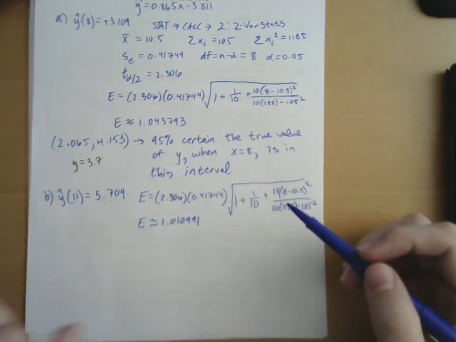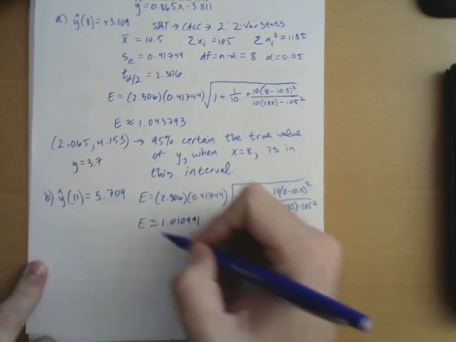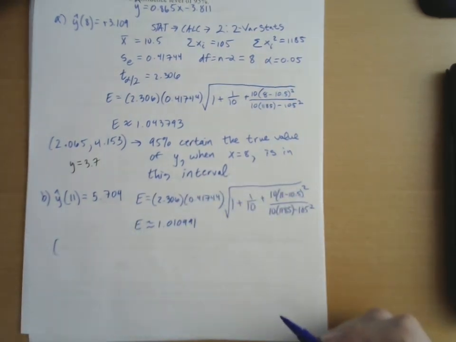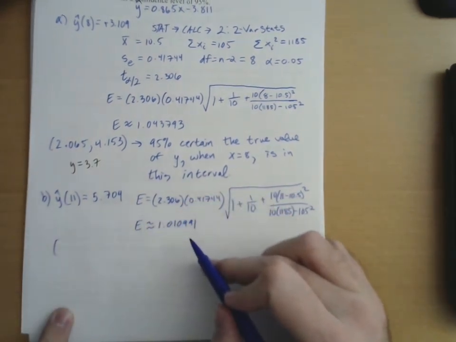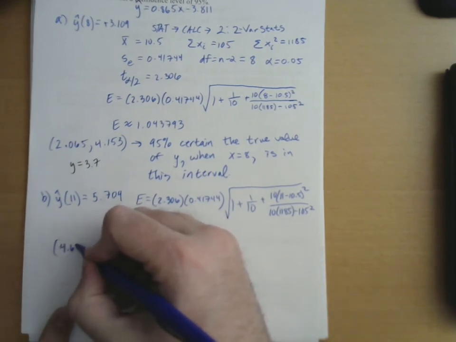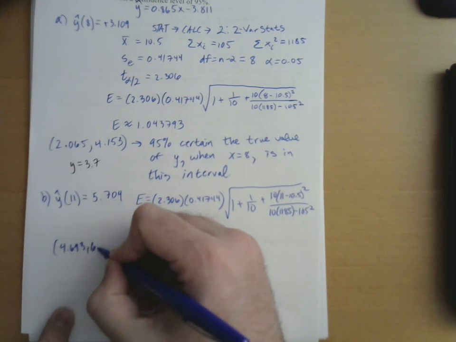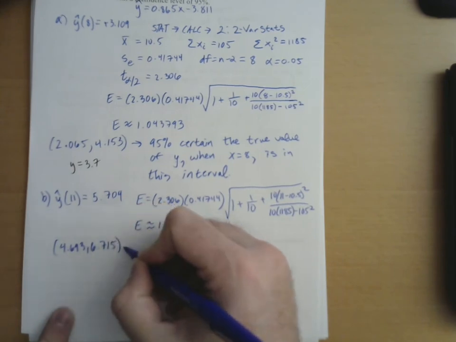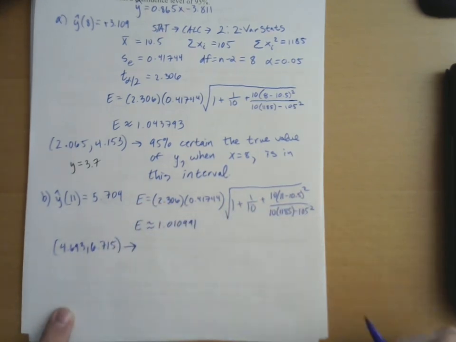And we'll double check that. So our interval then, coming off of 5.74 plus and minus this, is 4.693 to 6.715.